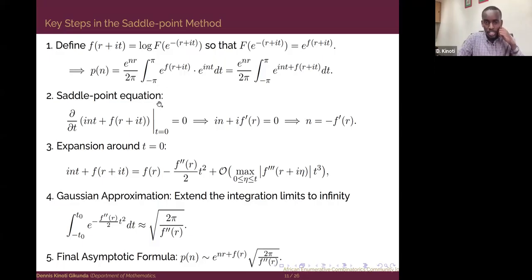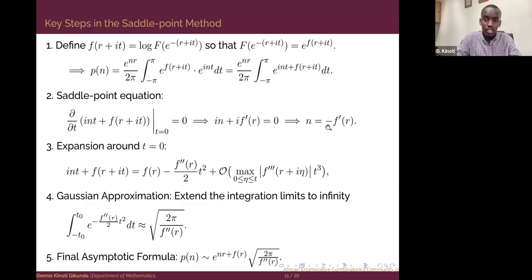So we need the saddle point equation, and for the saddle point equation, we take this value here, partially differentiate it with respect to t at t equal to 0, and then equate it to 0. That should give you the saddle point equation.